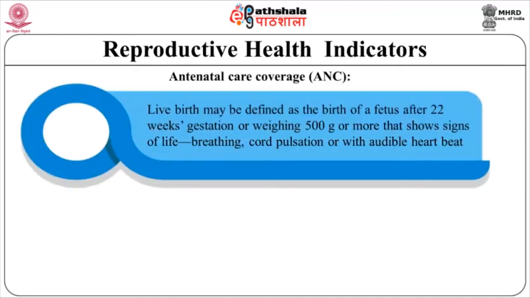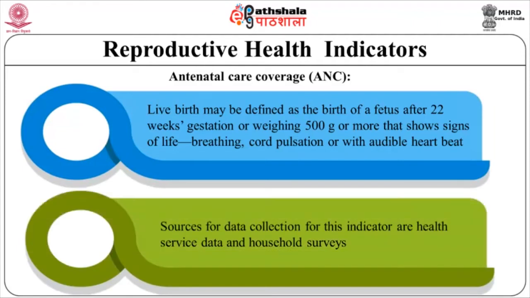Live birth may be defined as the birth of a fetus after 22 weeks gestation or weighing 500 gram or more that shows the sign of life, that is breathing, cord pulsation or an audible heartbeat. The sources for the data collection for this indicator: the health services data are useful when utilization is high.